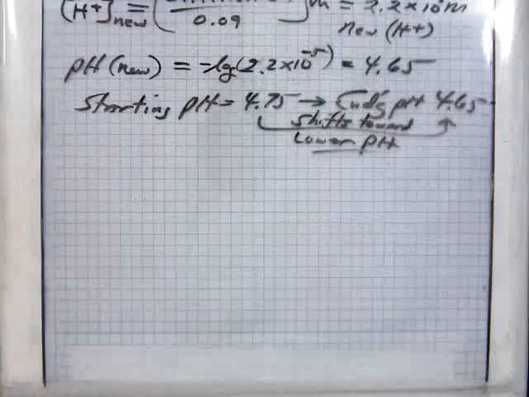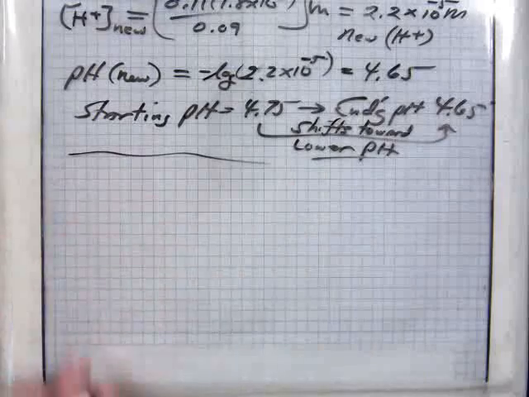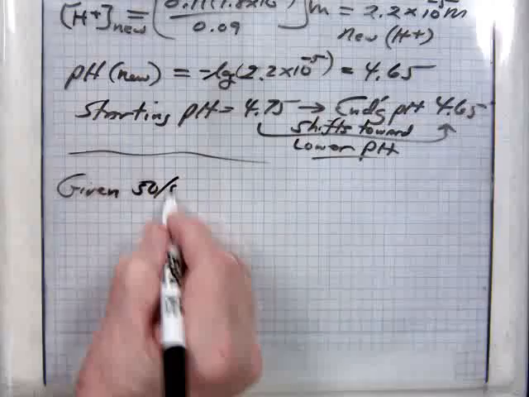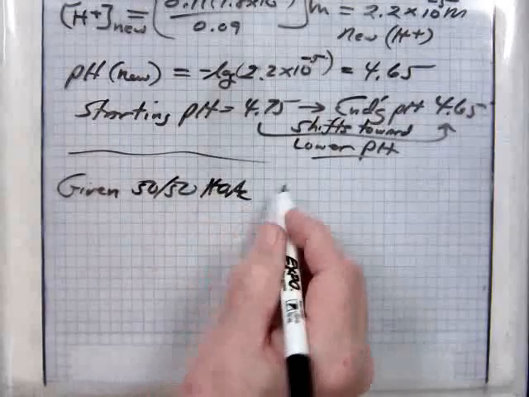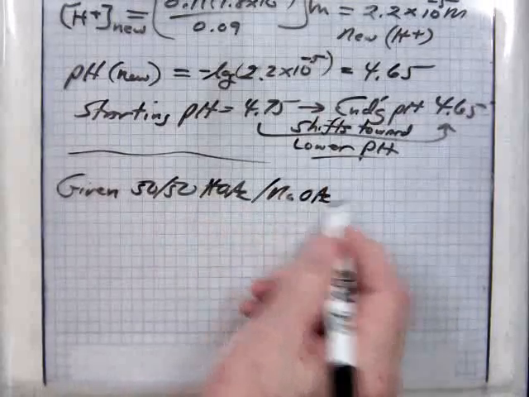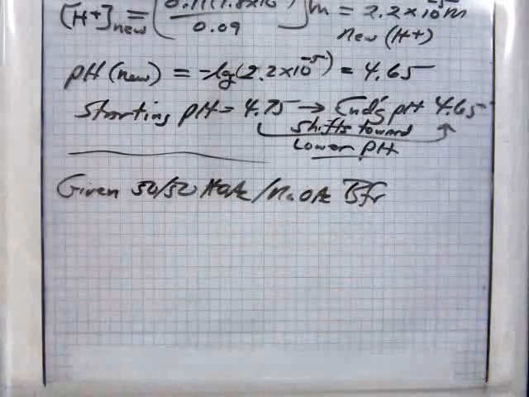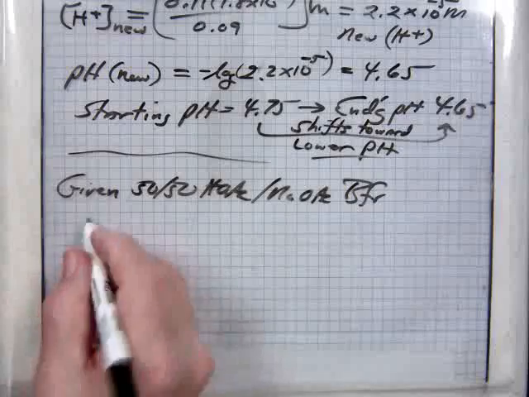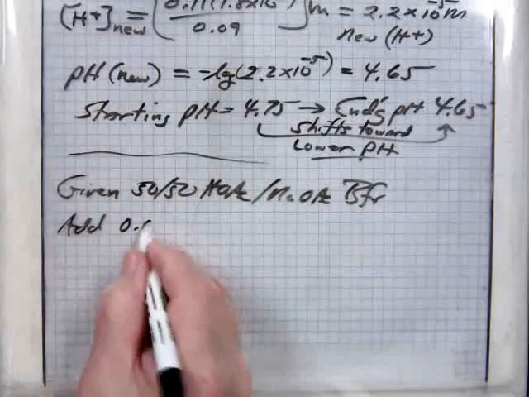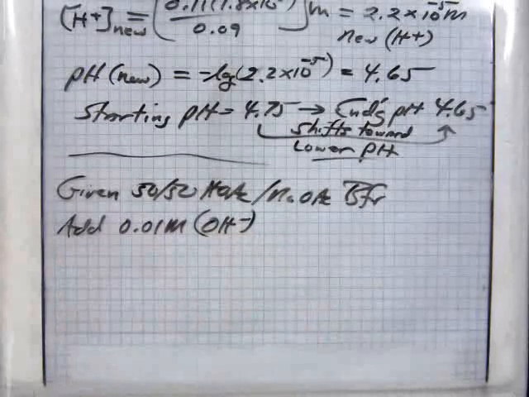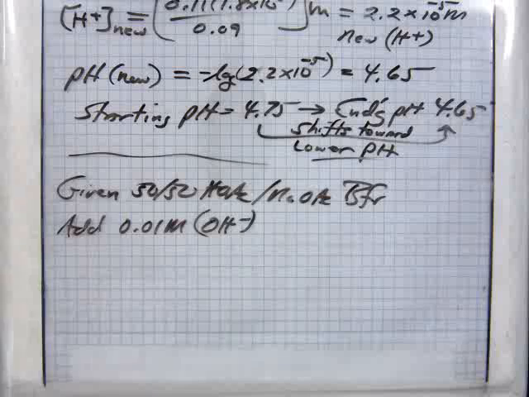So let's say we're given the 50-50 HOAC NaOAC buffer, and we've got the same Ka values and everything. So you want to add 0.01 molar in hydroxides this time and see how that affects the shifting, the tilt and the shift and all that using the seesaw, right?